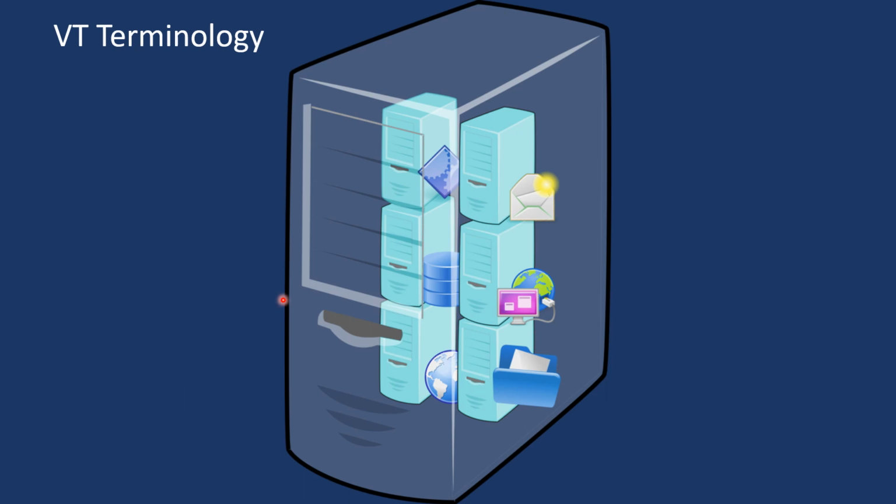This picture shows this big box, which is a physical computer. Of course, this physical computer has the hardware, the operating system, and its own applications. Now, inside this physical computer, as shown here, I have 6 virtual machines.